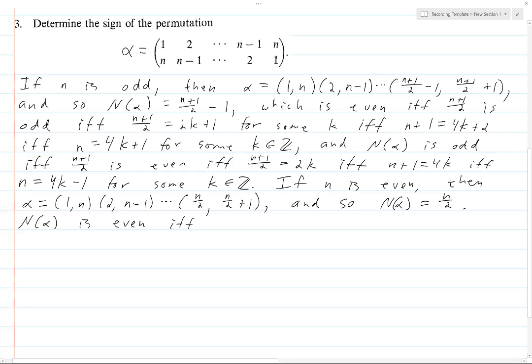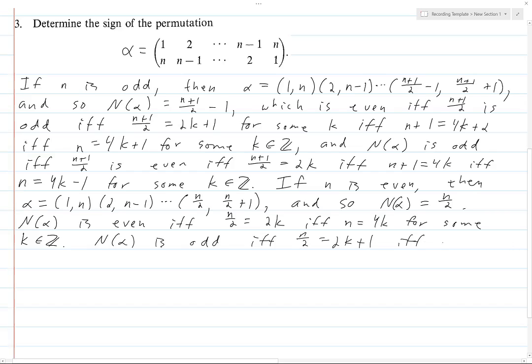That means n over 2 equals 2k if and only if n equals 4k for some k in Z. And alpha is odd if and only if n over 2 equals 2k plus 1, if and only if n equals 4k plus 2 for some k in Z.